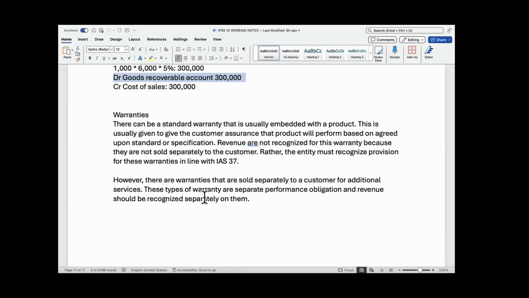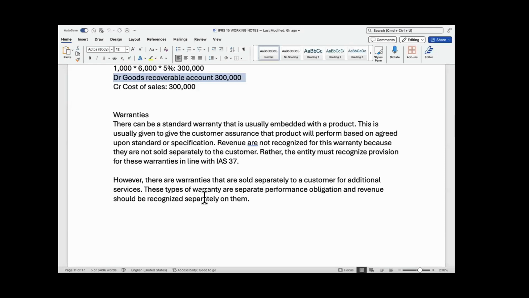It is free for the customer, part of the goods. Those types of warranty are not sold separately to the customer, so the company is not making money from it.